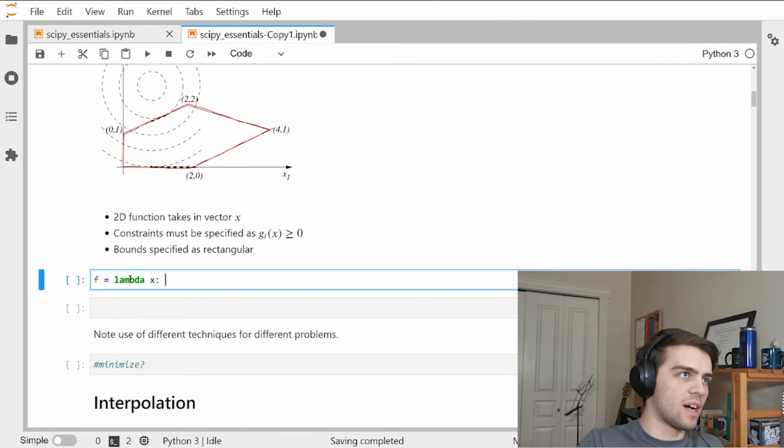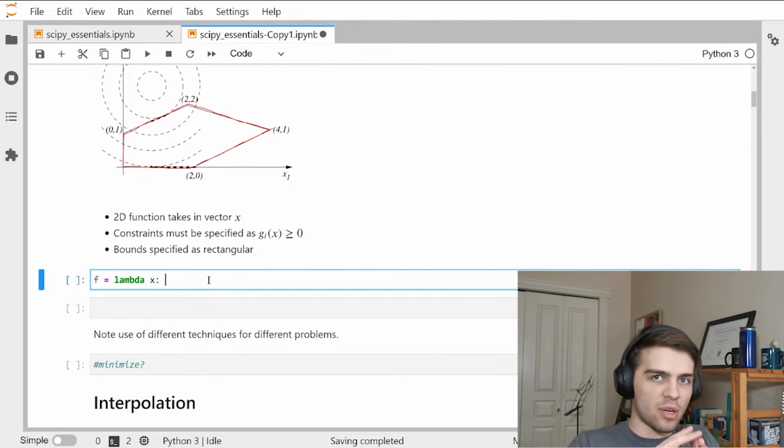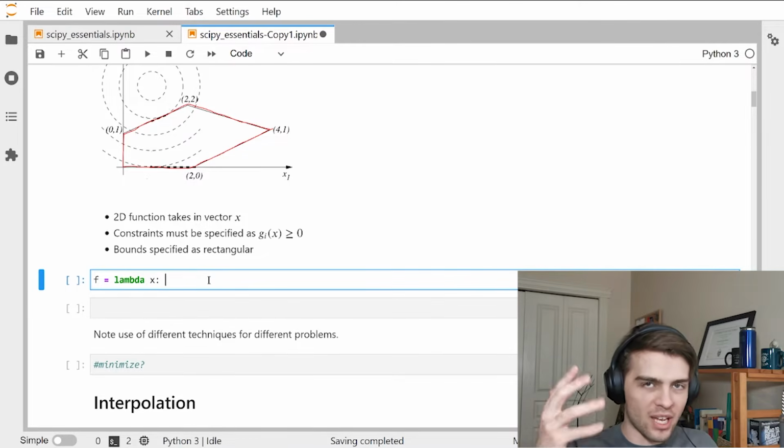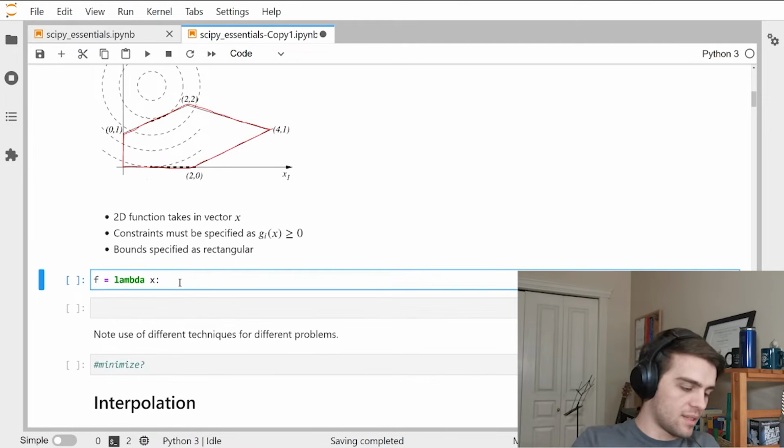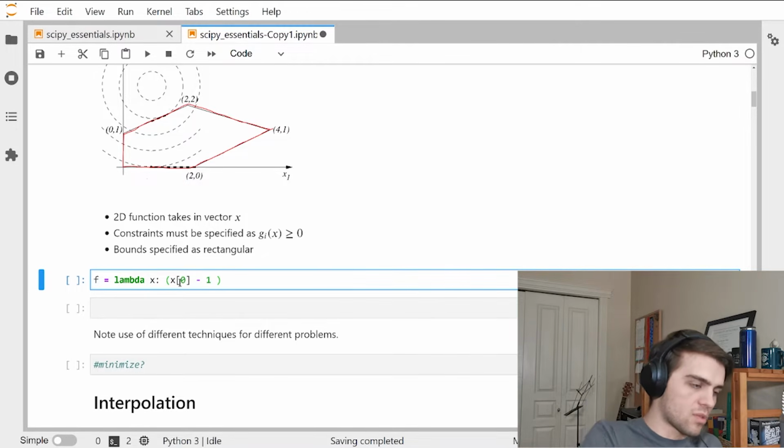Remember that a lambda function, it says it takes in the variable x. Now, x is going to be a vector here containing both x and y. I know it's written as x and y here, but it's going to take x0, which is the first dimension, minus 1 squared plus x1 minus 2.5 squared.